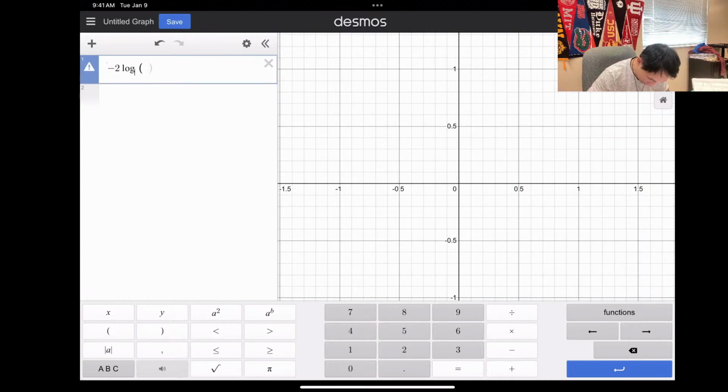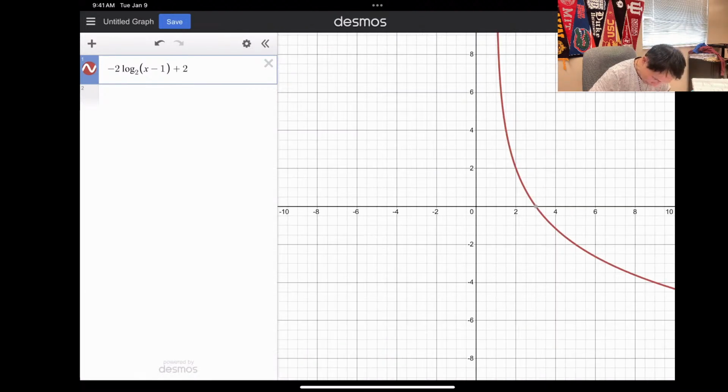Log of what? 2. And then minus 1. Oh, the one. I learned something. So it's like this: this is log base 2 of x minus 1, plus 2. The negative 2 just inverts it upside down.